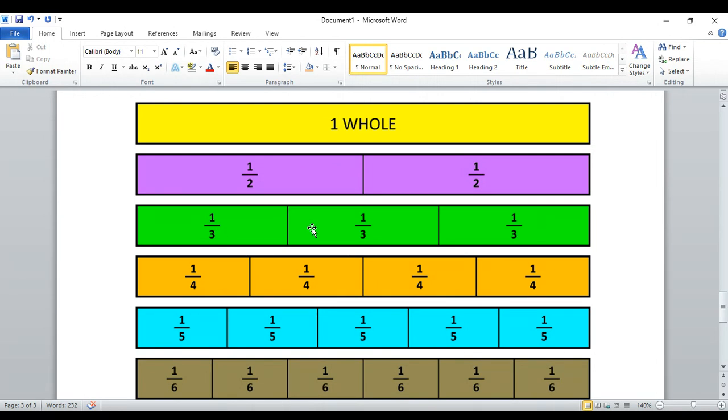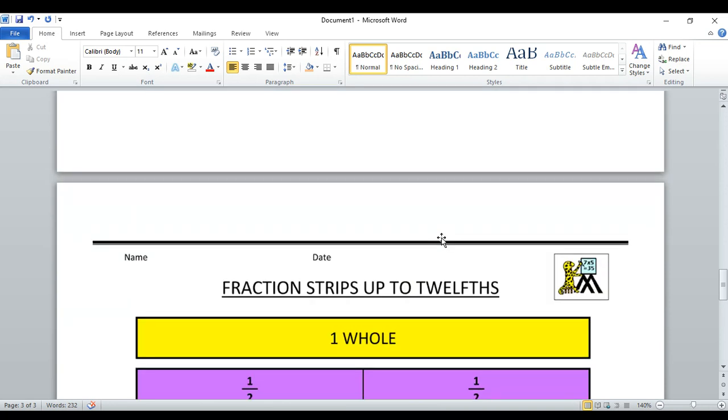Here, it's divided into 3 equal pieces, so the unit fraction is 1/3 because that's the smallest piece we could have if we broke it evenly, if we broke it at these notches.